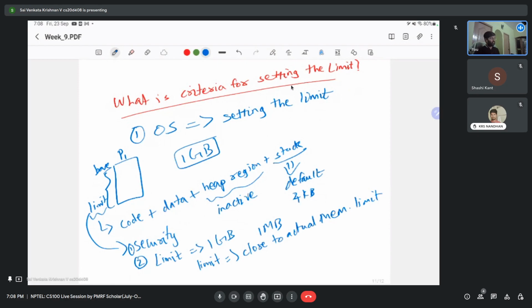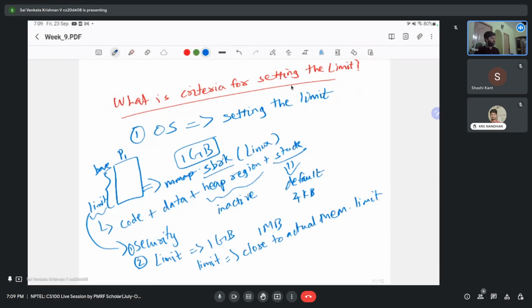And the limit can change also. Say with a recursive function, your stack keeps on growing, or you do more mallocs and your heap region has to be increased, but your limit is just this much. In that case you have to do some system calls like mmap, or sbrk, I guess in Linux.